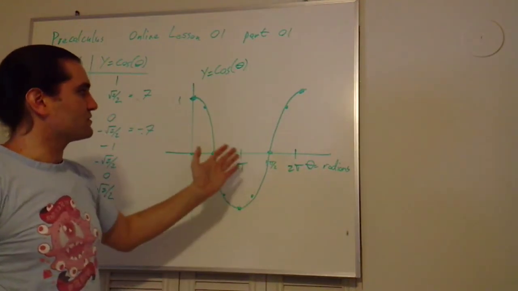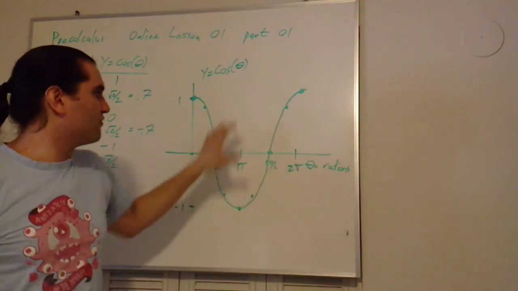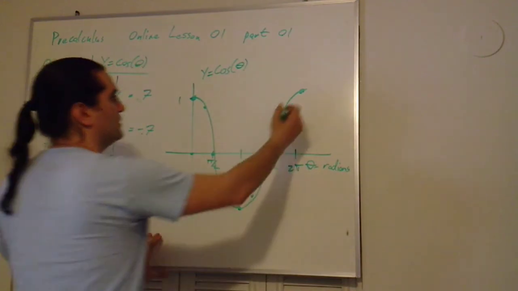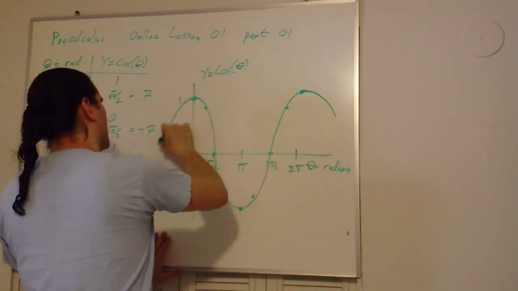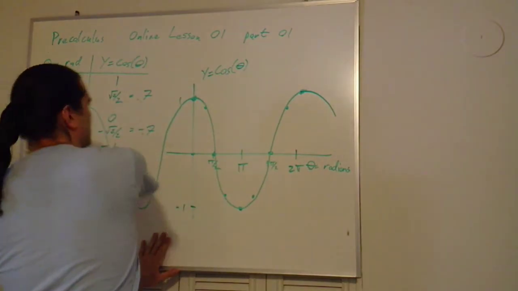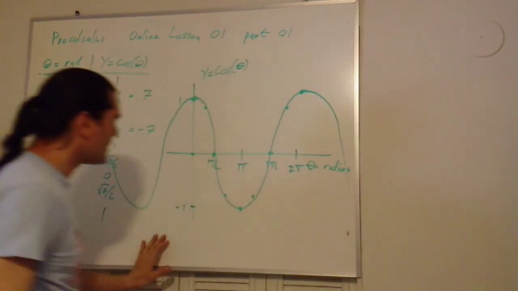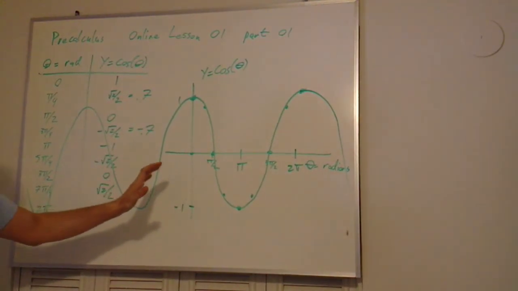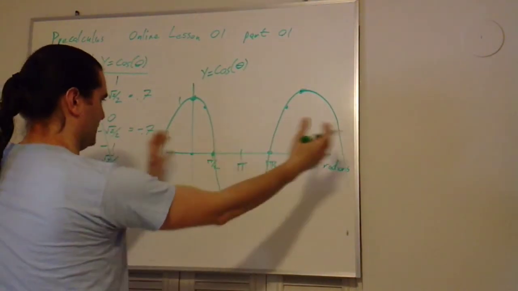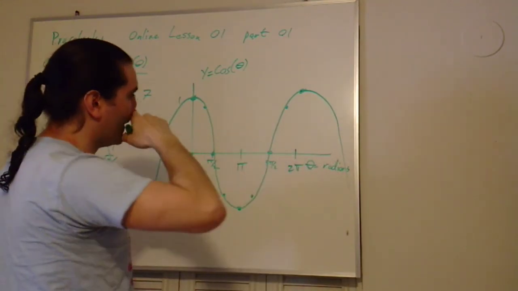If you keep going, it's going to repeat this shape over and over and over again. So past here, it turns down, over here it turns down. It's going to keep on doing this wave thing. Honestly, it looks almost exactly like the sine wave, just shifted a little bit to the right or left.